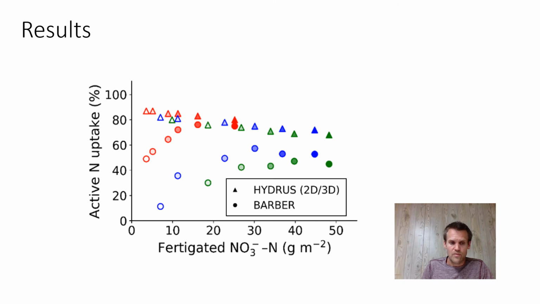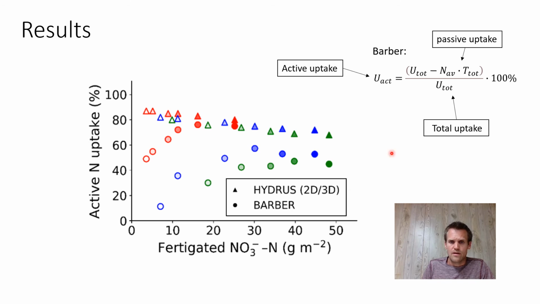An interesting thing that we noticed in the results was that the percentage of nitrogen that was taken up actively by the plant was different than what would be expected from a commonly used equation, which is Barber's equation. According to Barber's equation, the amount of active uptake is the total uptake minus the passive uptake divided by the total uptake.